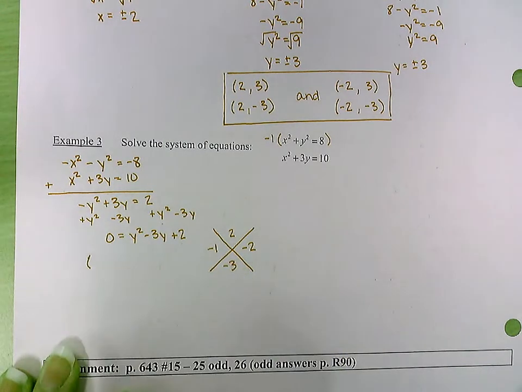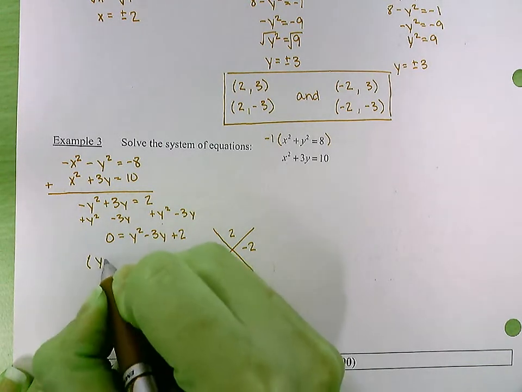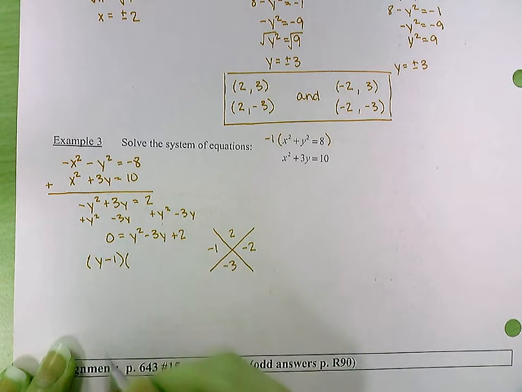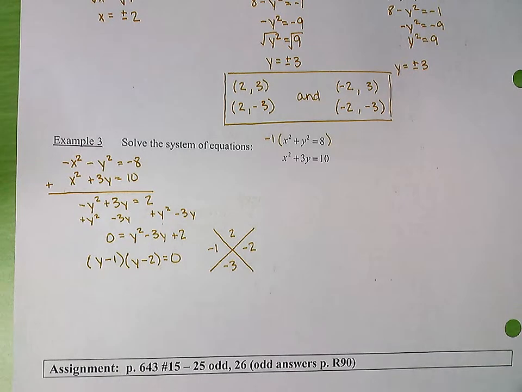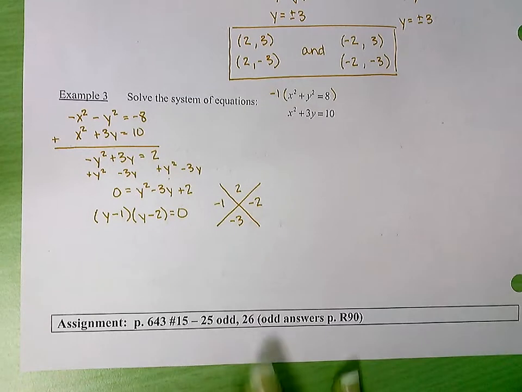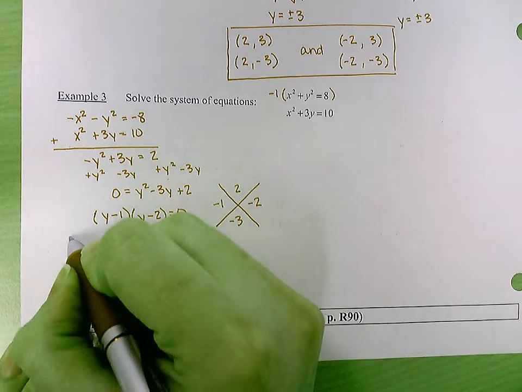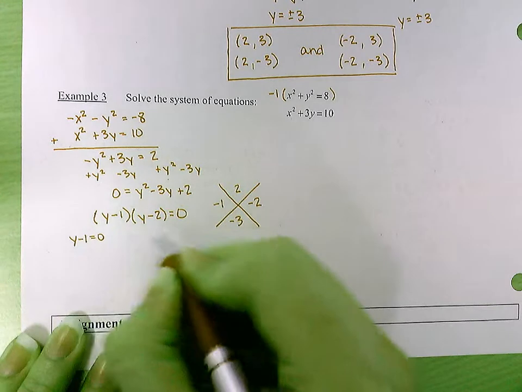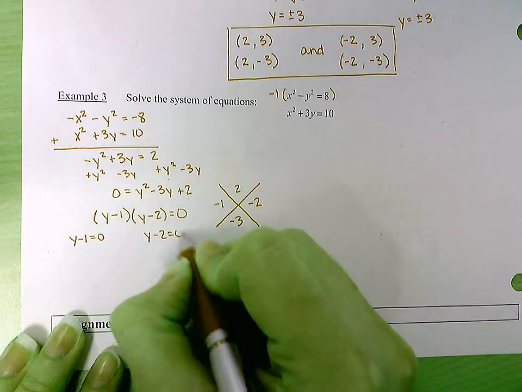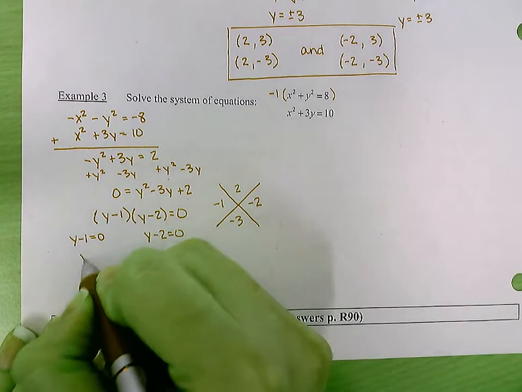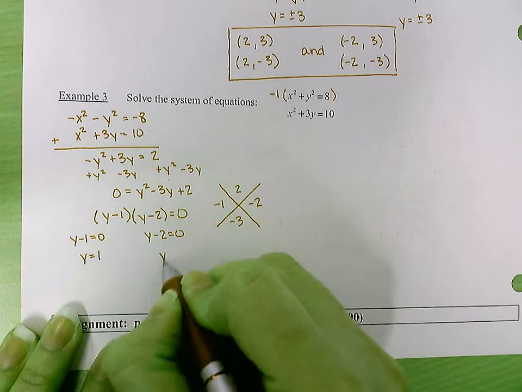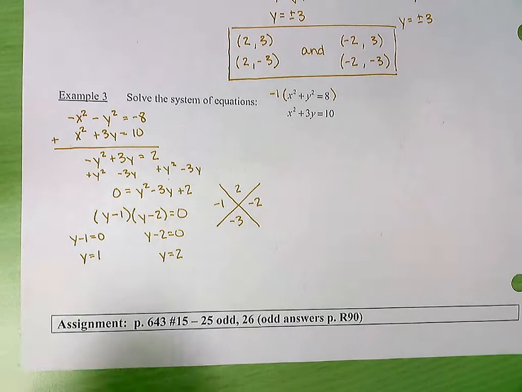So I'll end up with y minus 1 times y minus 2 equals 0. Now both of those quantities have to equal 0. So we'll set y minus 1 equal to 0 and y minus 2 equal to 0. So y will equal 1 and y will equal 2.